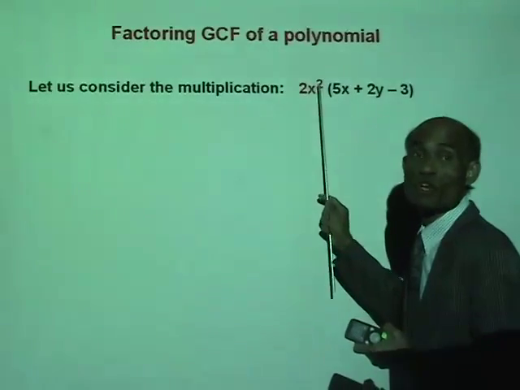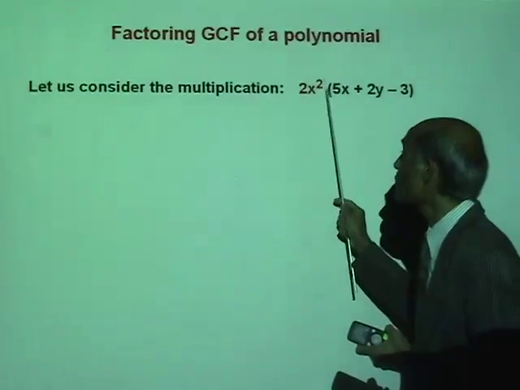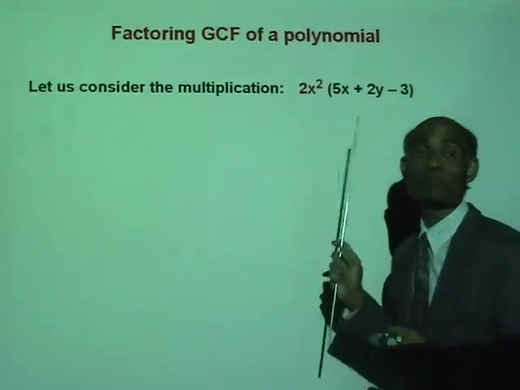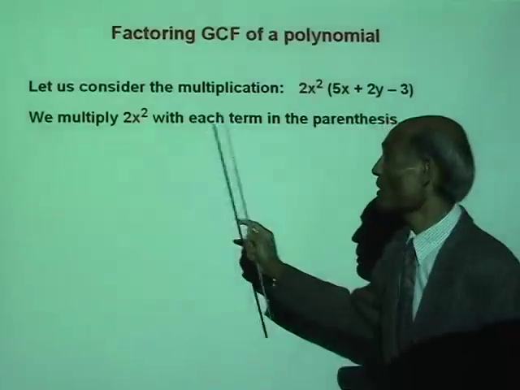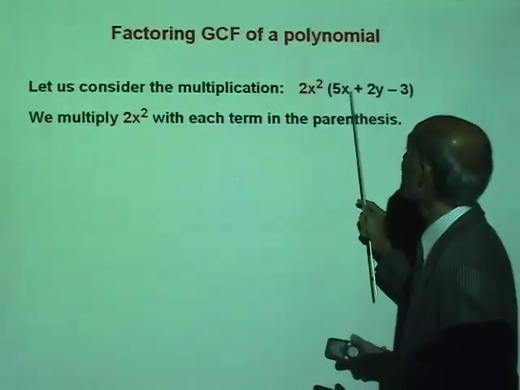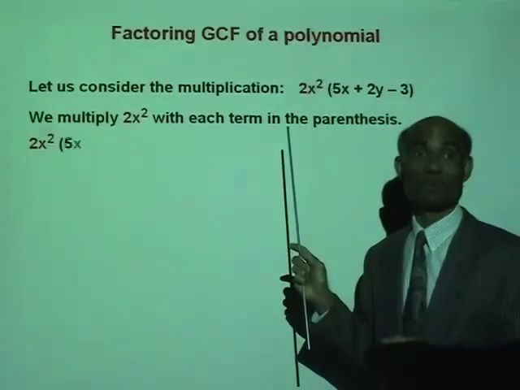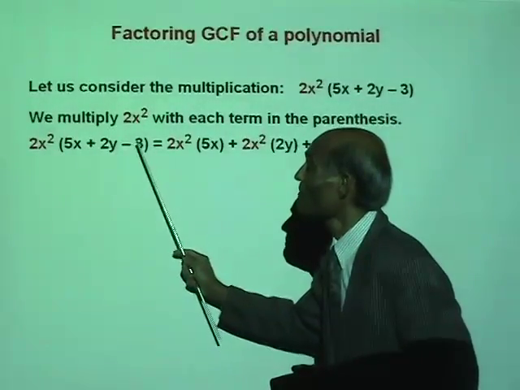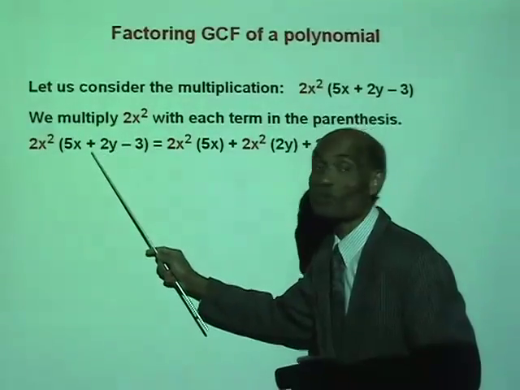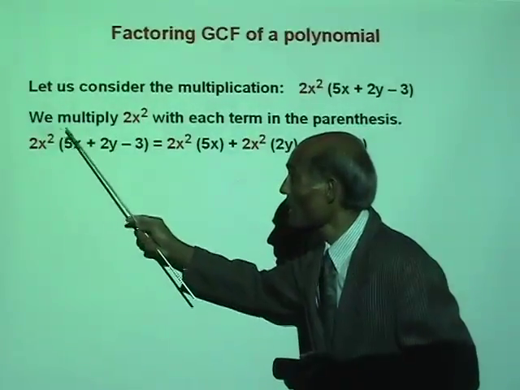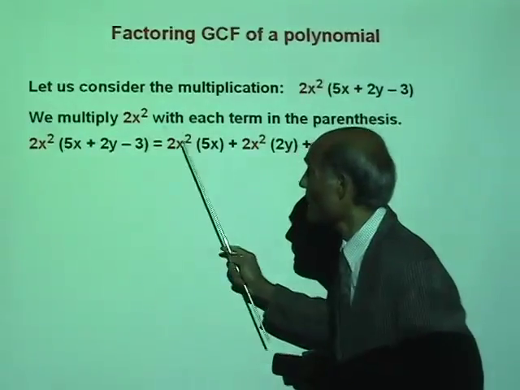Multiplying this means you multiply this 2x squared with each of the terms inside the parenthesis. So, multiply 2x squared with each term inside the parenthesis. What does that give you? 2x squared times 5x plus 2y minus 3 can be multiplied as 2x squared multiplied by 5x.